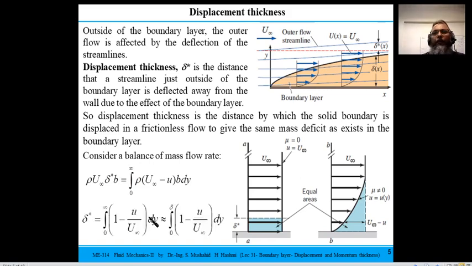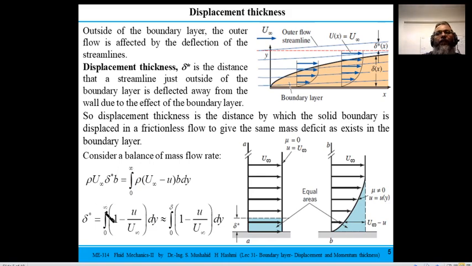So from that integral, if you write delta star on the left hand side and everything on the right hand side, rho and rho cancel out, and you get u infinity minus u over u infinity. U infinity over u infinity would be 1. So you are going to get 1 minus u over u infinity, and b also cancels out.